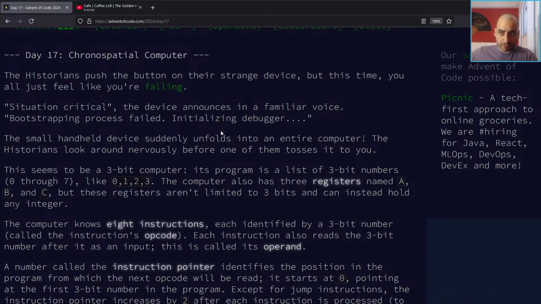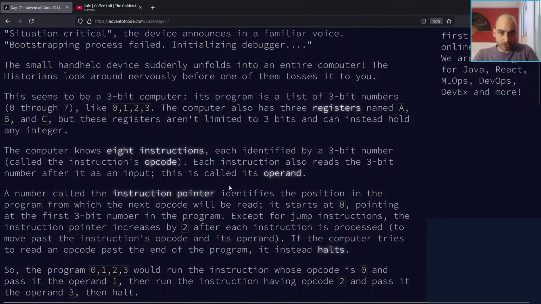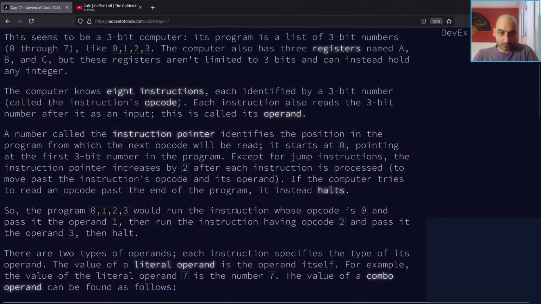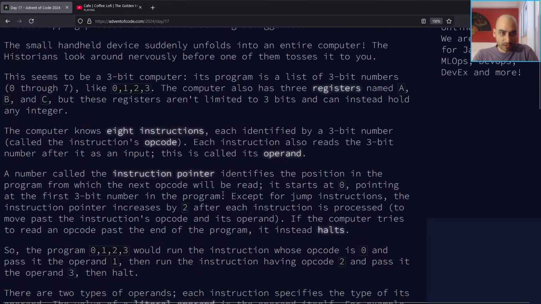This seems to be a 3-bit computer. Its program is a list of 3-bit numbers, 0 through 7, like 0, 1, 2, 3. The computer also has 3 registers named A, B, and C, but these registers aren't limited to 3 bits and could instead hold any integer. Okay. The computer knows 8 instructions. Here we go, it's all Intcode stuff.